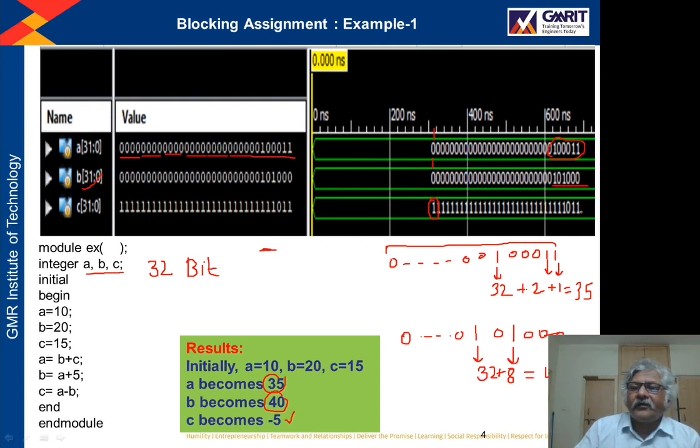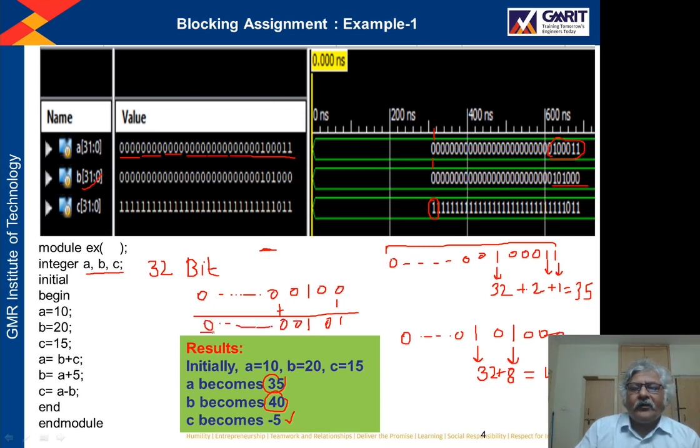For example, you convert this into one's complement form. So here it will be 0 0 1, then all 0s. This is the one's complement, and to convert it to 2's complement, you add 1 to this. So what is the answer? 1 0 1, then all zeros.